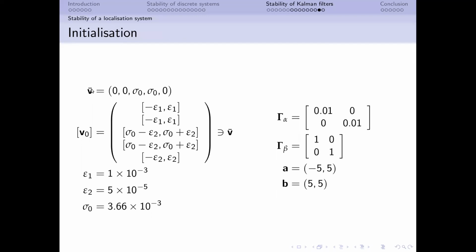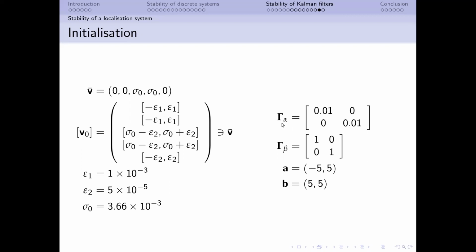Let's say we have found the fixed point of the system that is represented by this vector here. So let's say the actual position of the robot is 0, 0. Let's say that the fixed point of the covariance matrix is going to be sigma 0, etc., etc. Then we can build an initial neighborhood parameterized by epsilon1 and epsilon2. Values are given here.